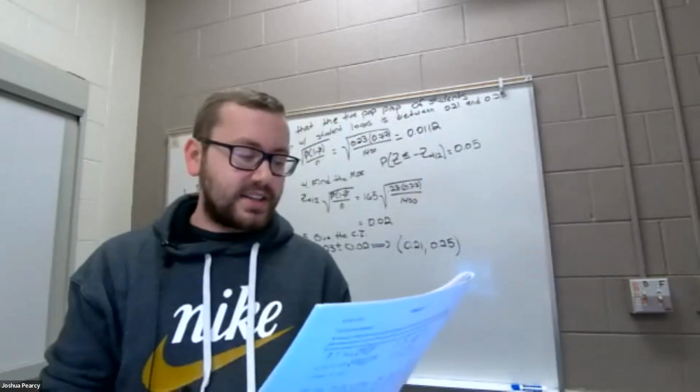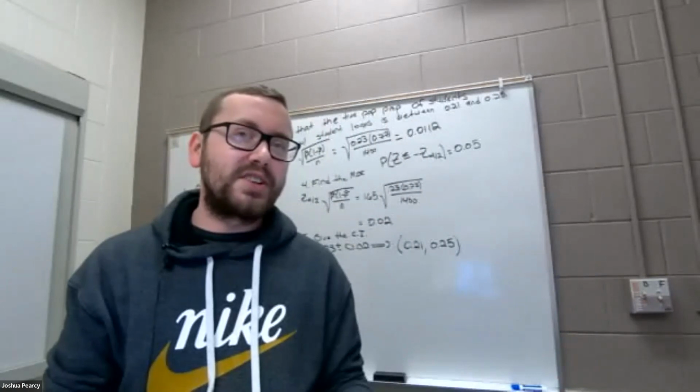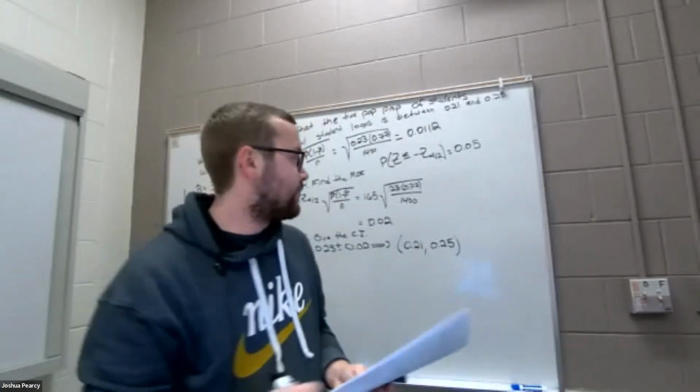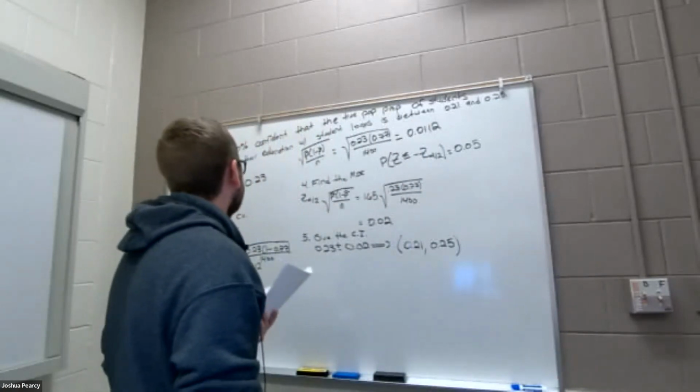Now, the last thing we talk about in this chapter is finding the sample size to achieve a margin of error when we're dealing with a confidence interval for the population proportion.